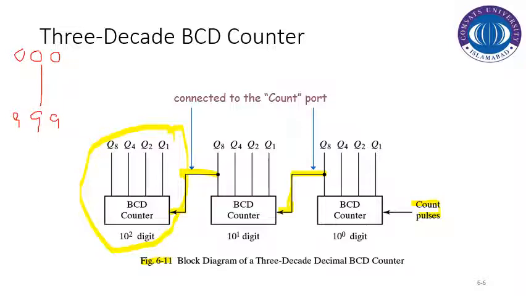So we have to use 4 BCD counters here in order to generate the count sequence from 0000 till 9999. I hope this concept is now clear.